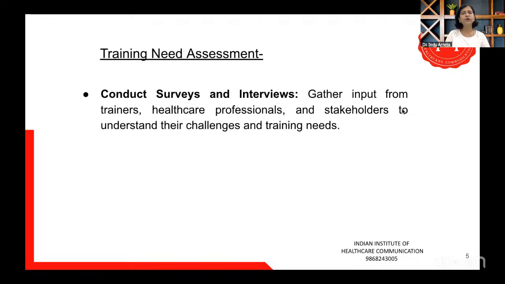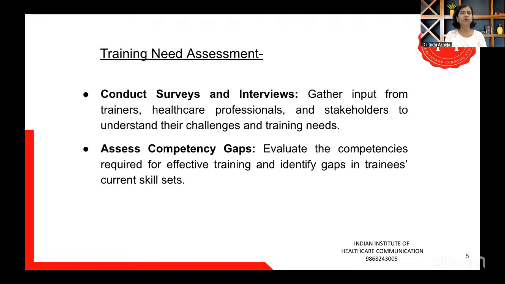So when you interview people, it could be the management, it could be the quality person, it could be the head of the department, it could be the participants themselves. So you get a fair idea where they need assistance or where they need training. Also, when you do some kind of surveys, it could be survey to assess their knowledge, it could be survey to assess their skills. That will help you know where they stand and what is the gap.